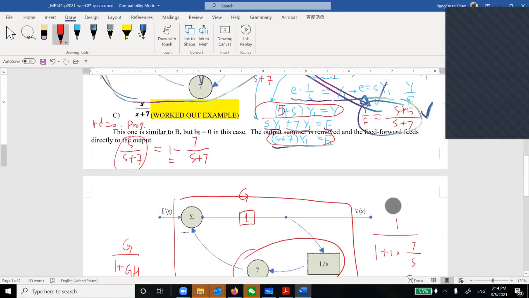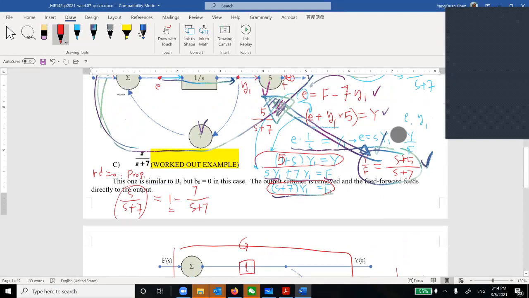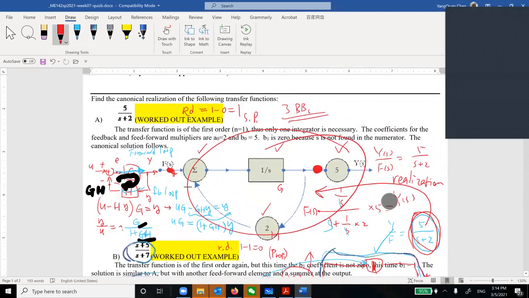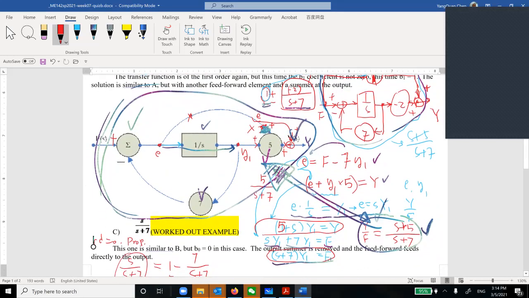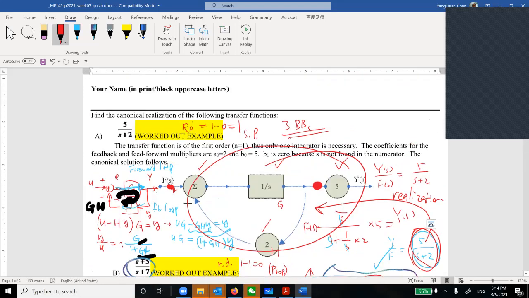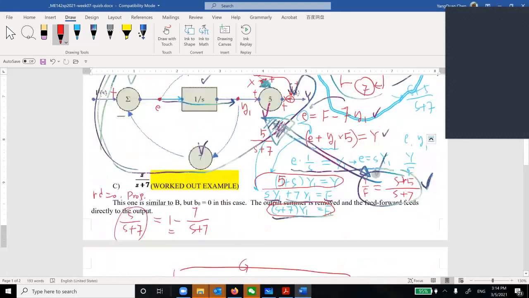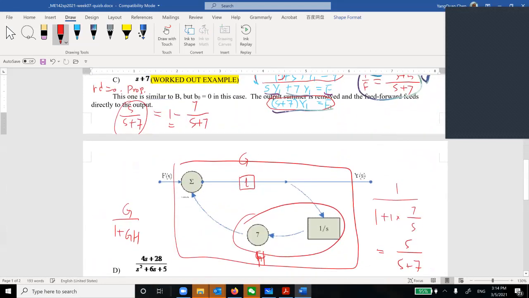But remember, for example A here, so we have 5 in here, 2 in here, integrated in here. So what is the numerator? The numerator is 7, so I put a 7 in here, and it is minus 7.